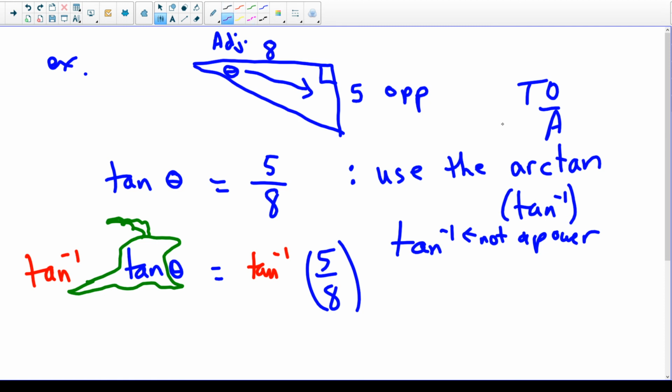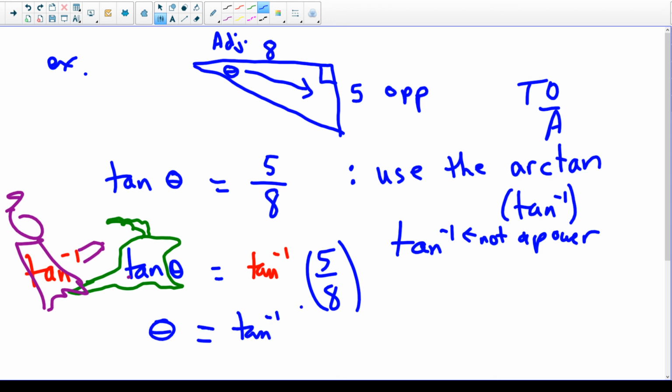In my mind, that's why this is called arctan. So here is the archangel, Arctan, and this is Arctan's sword. Arctan is going to kill the demon, but unfortunately when an archangel and a demon fight, they usually both die. That means the only thing that's left on that side is theta. And that's what you type into your calculator.